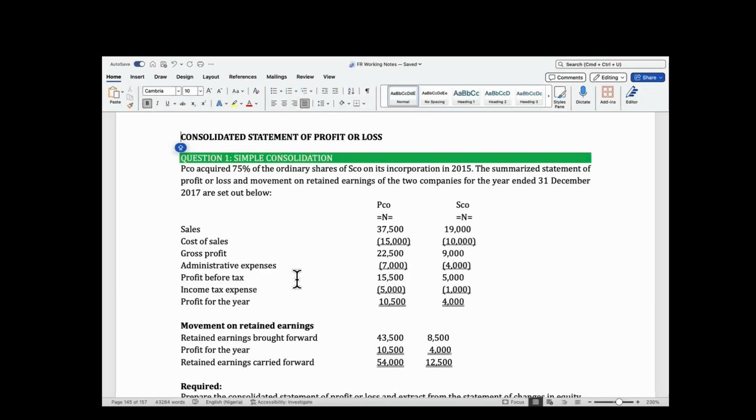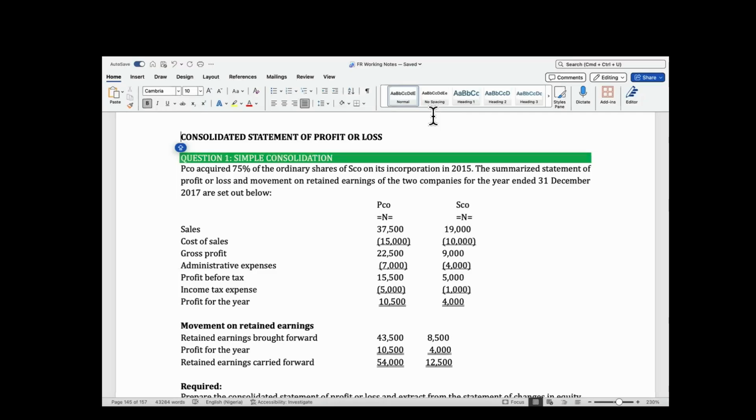See, the principle of consolidation hasn't changed from what you learned for the statement of financial position, because all we are doing is cancellation. Any transactions between the members of the group will usually cancel out. If that transaction gives rise to a profit, we would cancel it out as well.